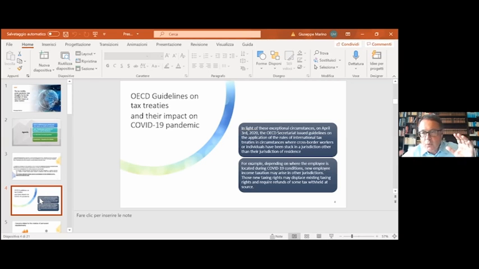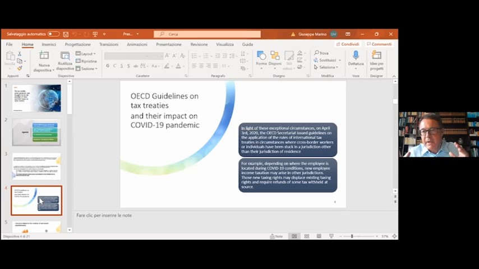And as a consequence, this is having an impact on various other arguments, because it's not only a matter of the residence of individuals that are in lockdown in a country when they work in another country, but it is as a consequence having an impact also on the corporate body in terms of possible permanent establishment presences where the individuals in lockdown are working remotely.